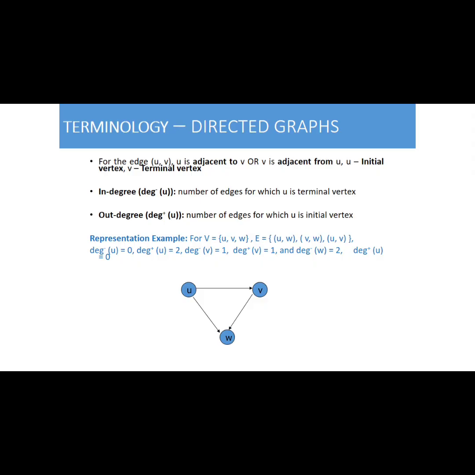Let us see this example: U, V, W, a directed graph. Particularly for a directed graph only, we mention in-degree and out-degree. So here degree minus of U is equal to 0. Why?